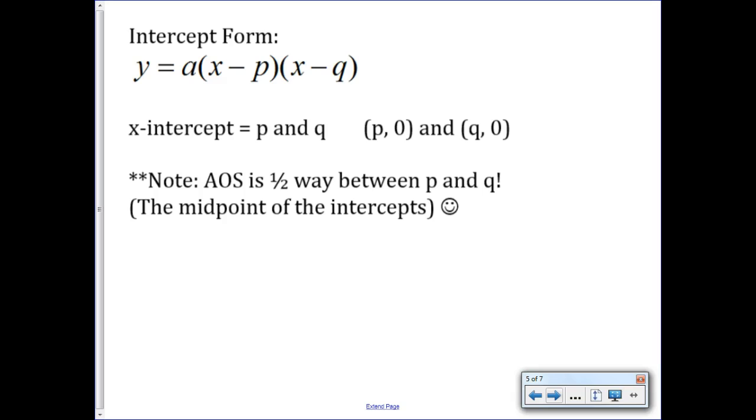Your x-intercepts then are p and q, or p, 0 and q, 0, if that's where you are writing the point. The axis of symmetry is halfway between points p and q, the midpoint of the intercepts. So those intercepts are the same distance apart, and so your axis of symmetry and your vertex then will be halfway between.